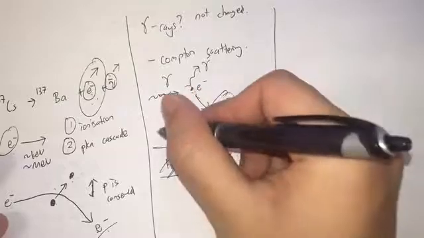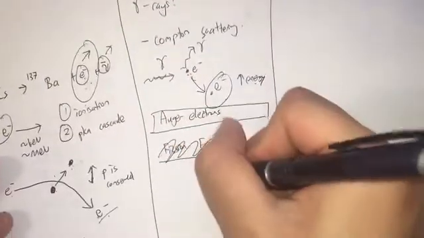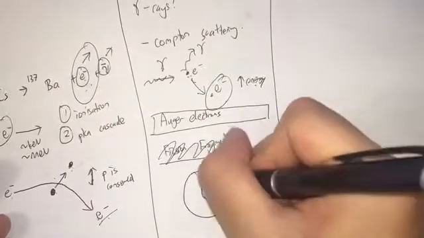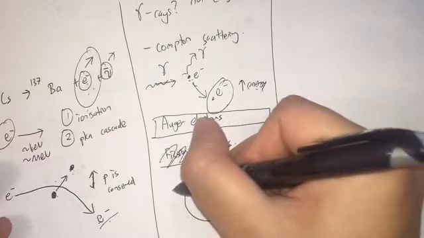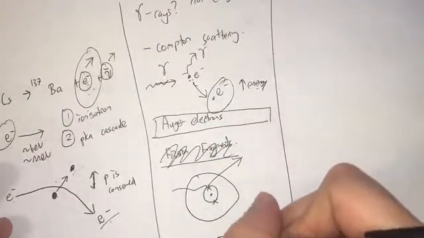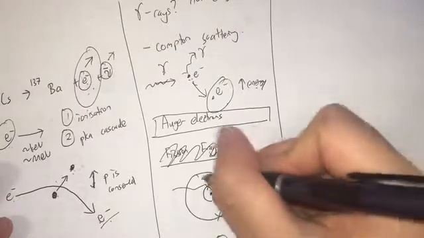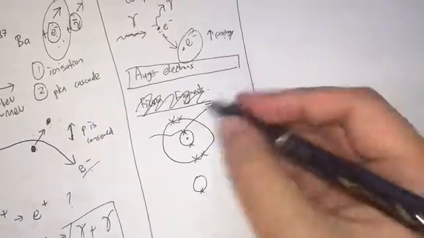So, okay, let's explain the process a little more accurately. You still have this Compton scattering that occurs. Let's say you have an atom, you have two of these electrons, the gamma ray comes in and scatters this off. Let's say you have a carbon atom like this, or maybe something bigger.